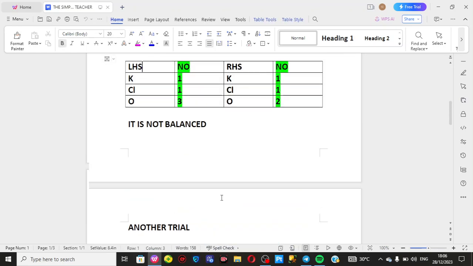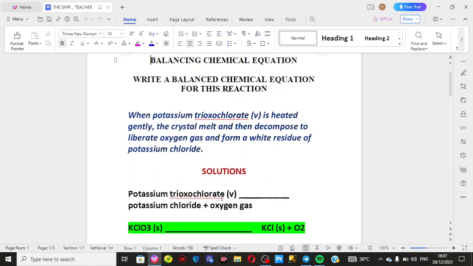One thing you should know about balancing a chemical equation, number one, is that you should know how to write the equation of the reaction. And to know how to write the equation of the reaction, you need to know your elements, the chemical symbol for each of those elements, and most compounds. That's why you need to read your textbook all the time.